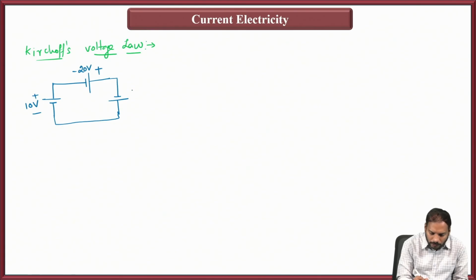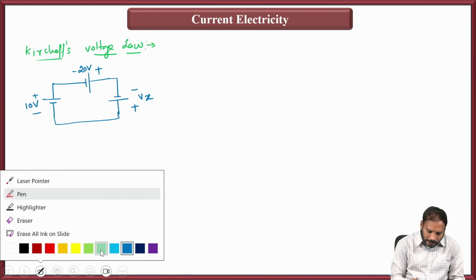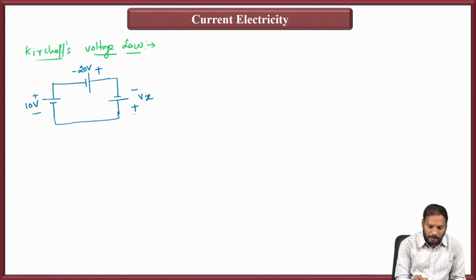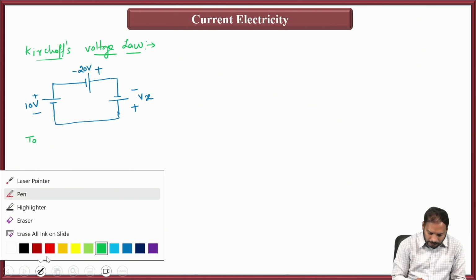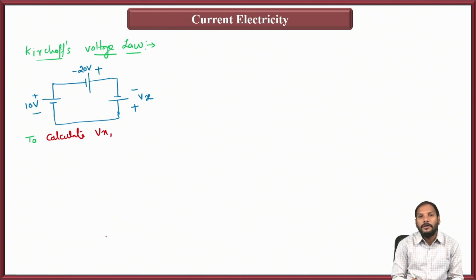Now this battery has a voltage Vx, whose value I don't know, so I'll calculate it. To calculate Vx is my target, using KVL.